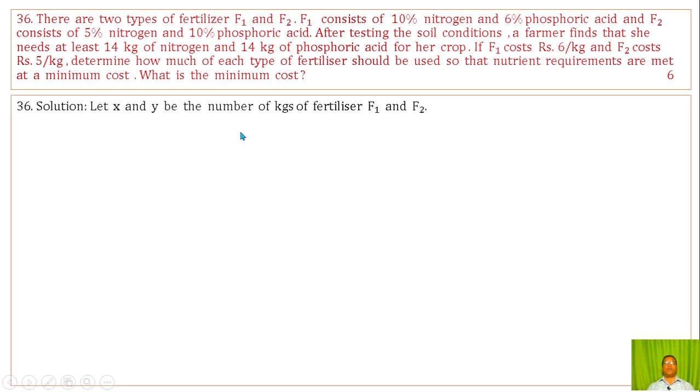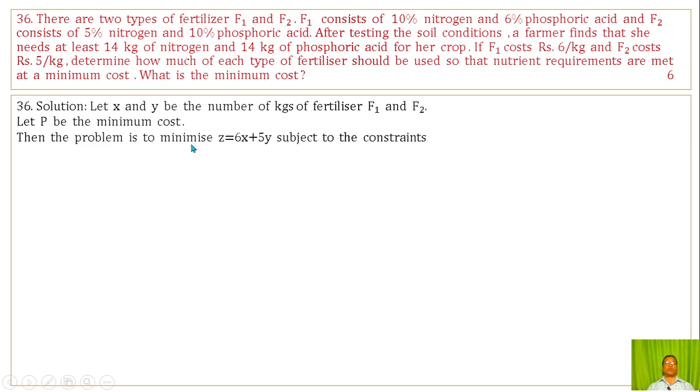Let X and Y be the number of kgs of fertilizer F1 and F2 respectively. Let P be the minimum cost. Then the problem is to minimize Z equal to 6X plus 5Y subject to the constraints: 10% of X plus 5% of Y must be greater than or equal to 14. Simplifying, we have this.